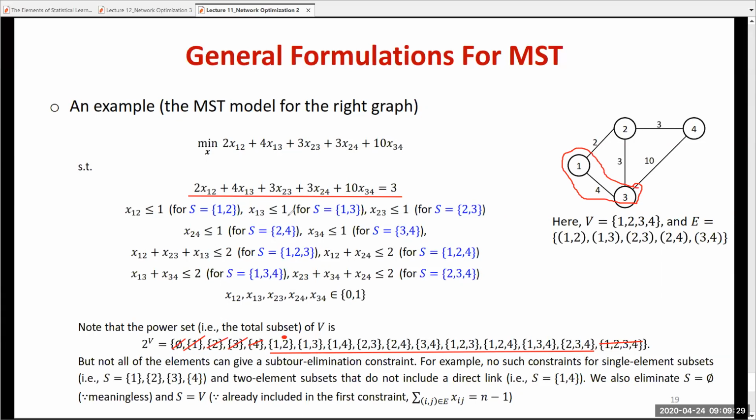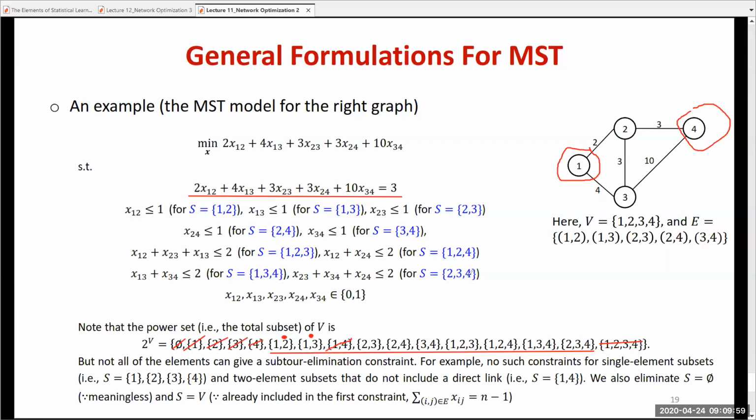So you have x1,3 less than or equal to 1. Okay, so the second one is also done. Now have a look at edge 1, 4. The question is, I don't have edge 1, 4. See it? For the subset 1, 4, there's no direct link, no edge is included here, and hence I don't have anything. I'm gonna delete this. I don't have any constraint for the selection 1, 4.